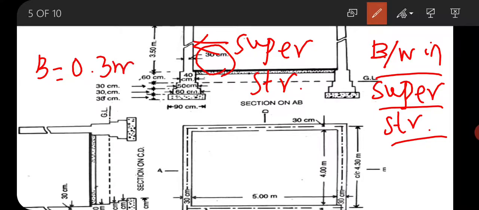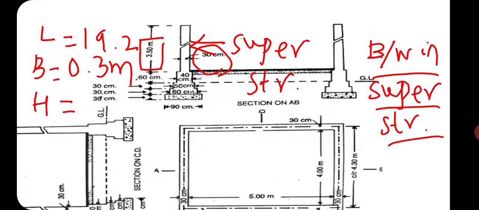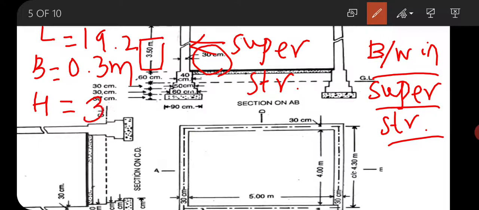That means 0.3 meter. And length, as we have previously calculated, is 19.2. And what is the height of the superstructure wall? You can see here, the height of the superstructure wall is 3.5 meter. Okay.